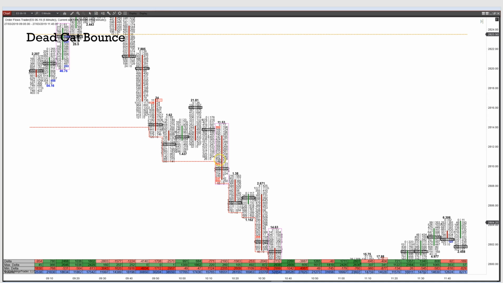People say, well, you're waiting for the bar to close, you're giving up an extra 2 points. Well, yeah, but the trade is not here necessarily. You don't have full confirmation until this bar is closed. You have a bit of confirmation here earlier in this bar at 10:05. Once this bar is closed, yeah, you could feel fairly confident that there's more to this move.